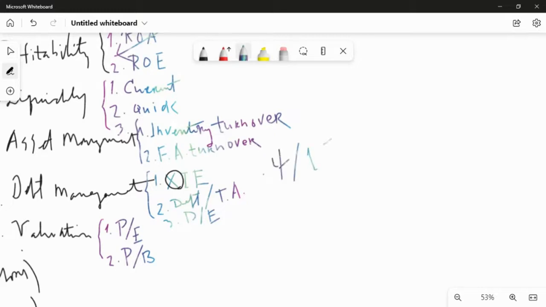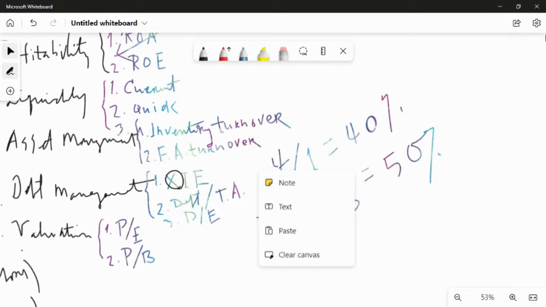But for a debt to equity ratio, it's 3/6, because you have to use only capital. 3/6 is 50%, half.